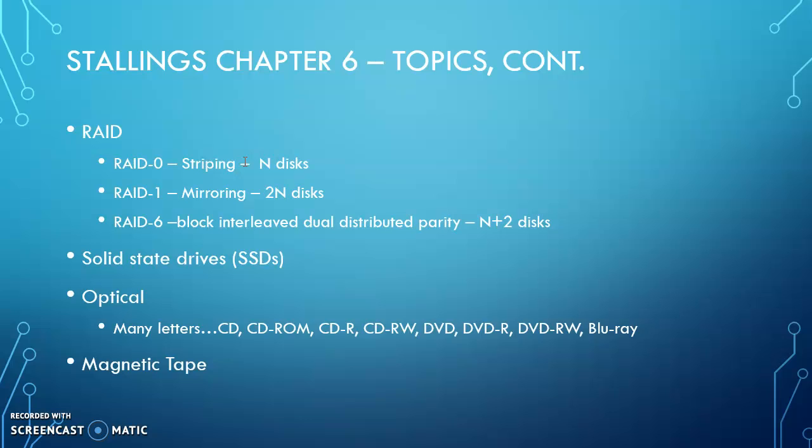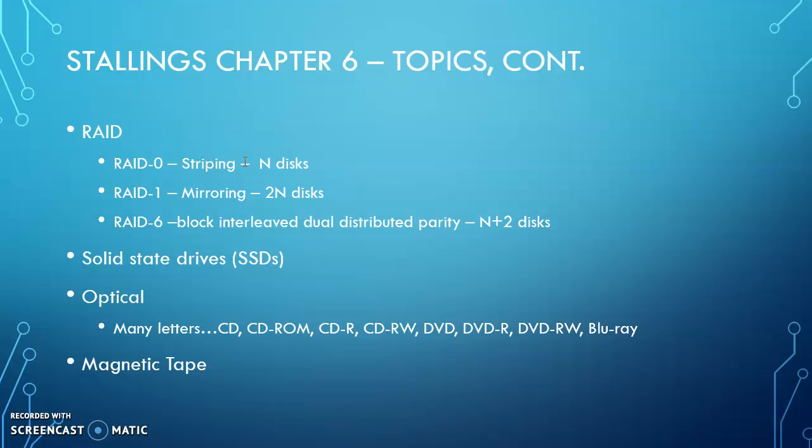And so in the video for RAID, I'll show two 500 gig drives, and combined they make a terabyte. The idea in the striping is that we can stripe the data over these two 500 gigabyte drives to do the terabyte. Now, if we lose one of those drives, we've lost all our data, so it's not fault tolerant.